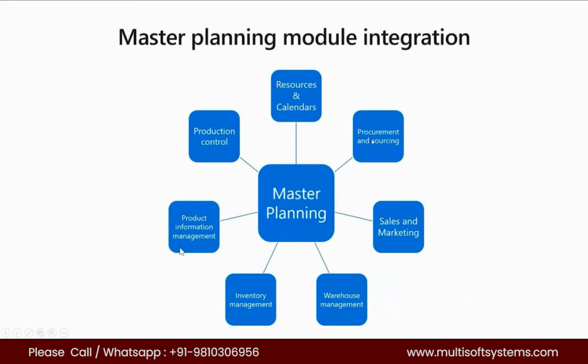If you want to learn production control, first complete supply chain management, because supply chain is only the basic knowledge. For doing this activity, supply chain is required first: vendor, customer, purchase order, sales order, inventory.